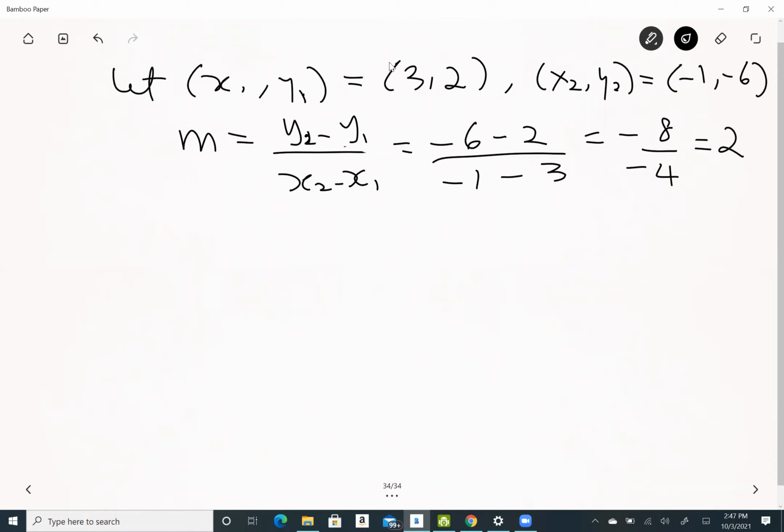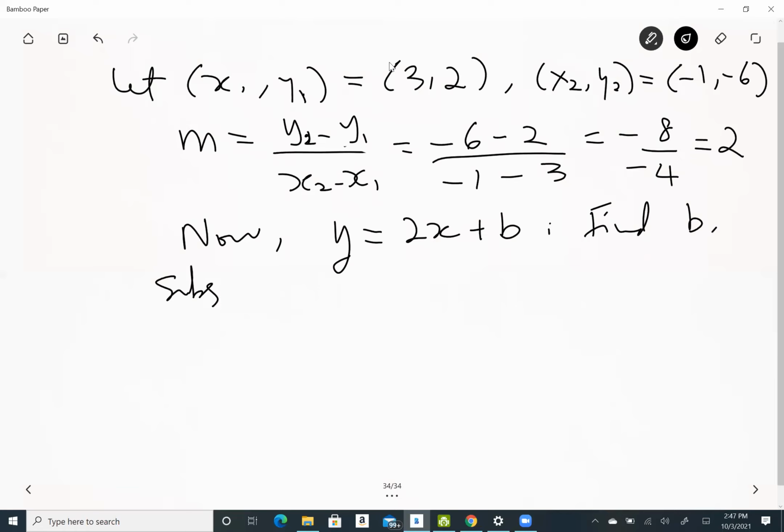Everybody got 2? Yes. So you got 2, which is the slope. So now the function is y equal to 2x plus b. Next, you want to find that b. So substitute. Write the point. Now, what did you do?